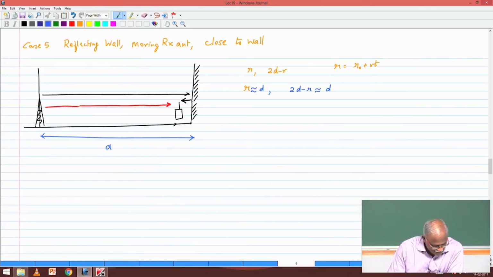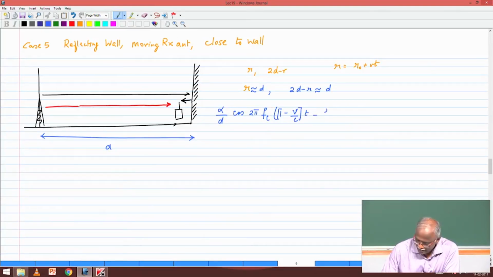So the received signal vector now is going to be alpha divided by r, or let's write it as alpha by d, cosine 2 pi fc 1 minus v by c into t minus r naught divided by c. That is the first term.